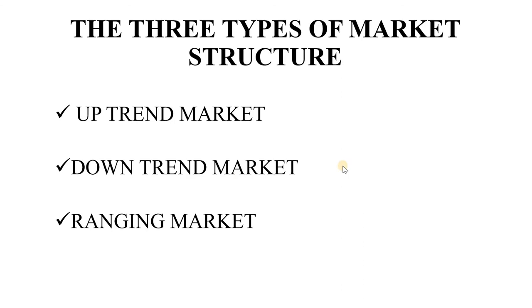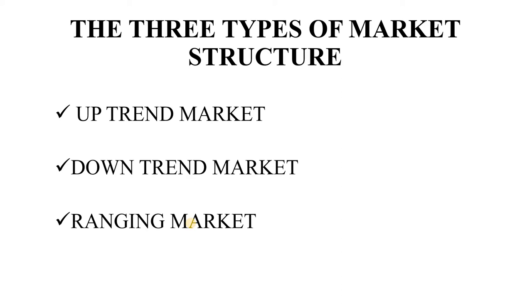Now the first one is the uptrend market. We shall talk about what an uptrend market means. Then the next one is the downtrend market, and the last one is the ranging market. Kindly take note of these three different market structures.